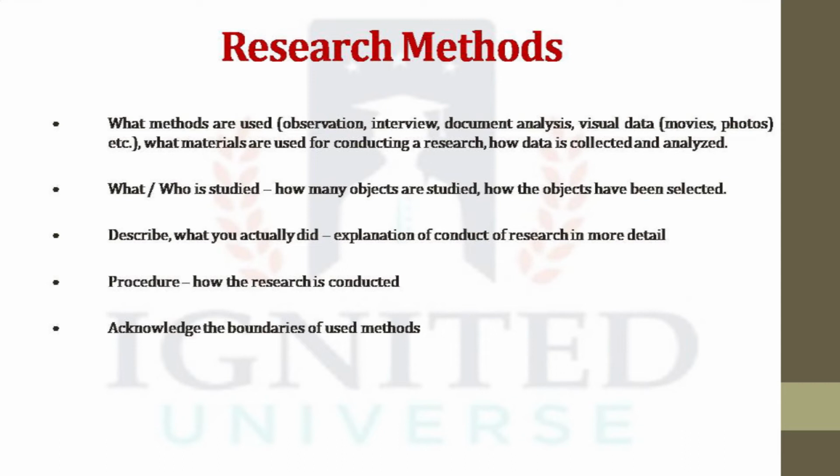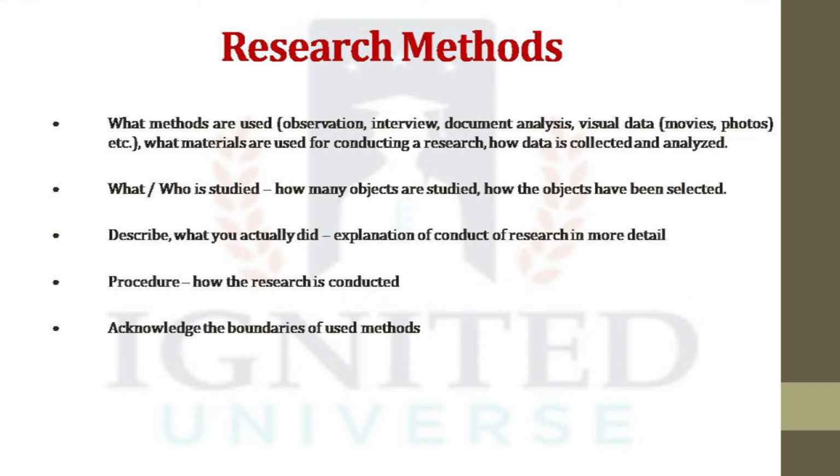Then what or who is studied, how many objects are studied, how the objects have been selected, all these should be kept in research methods. For example, your sample size is say 300, then you are taking random sampling, stratified sampling, what the research design is, etc. All this comes under research methods only.